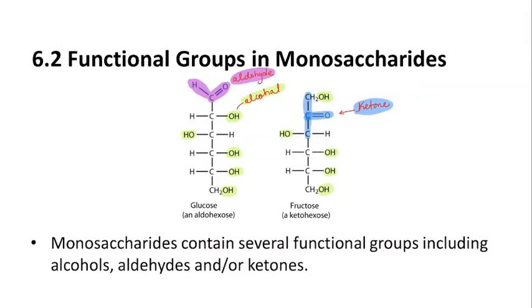So I want to just take a moment and at least teach you guys how to name alcohols, aldehydes, and ketones. So for those of you that in your future studies, or you may have to take the TEAS exam, I want you guys to have at least that under your belt.